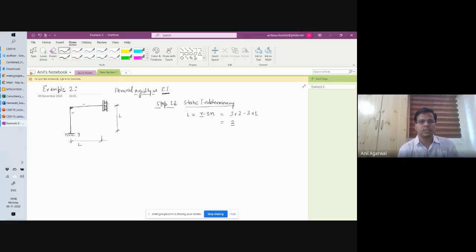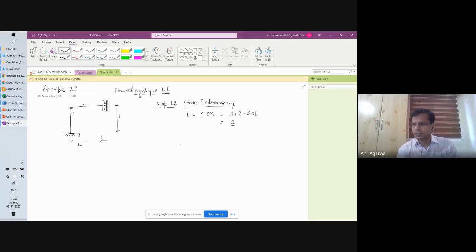That is pretty obvious to see, because even if you did not have this support entirely, the system would still have been a determinate and stable system, correct? Just from this cantilever. That means both of these degrees of freedom are redundant. Both of these constraints that are available here are redundant. Fine. So what do we do?